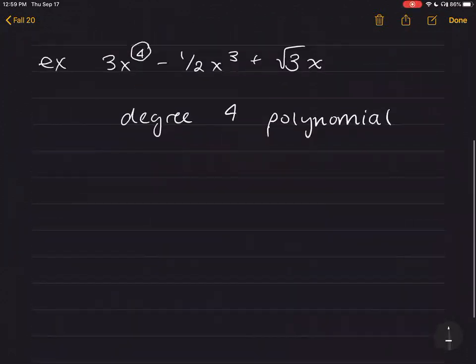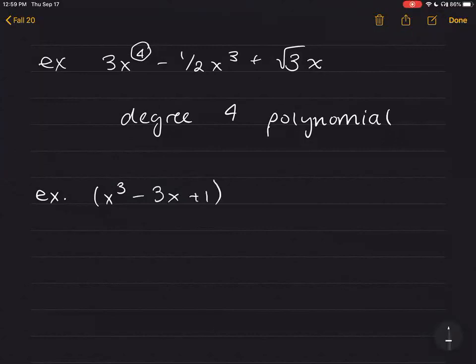Cool. So we can combine polynomials with addition and subtraction just by combining like terms. So for example, let's say we wanted to subtract two polynomials like x cubed minus 3x plus 1. Let's say we want to take away from that 2x squared plus the square root of 2 x plus 8.